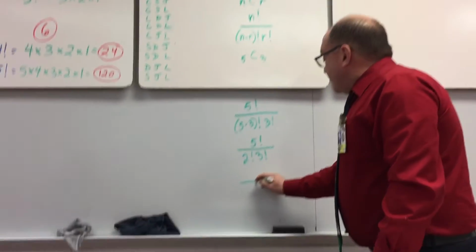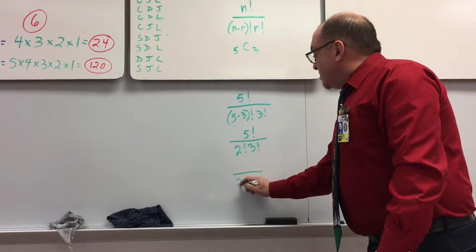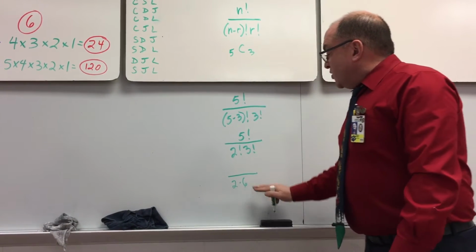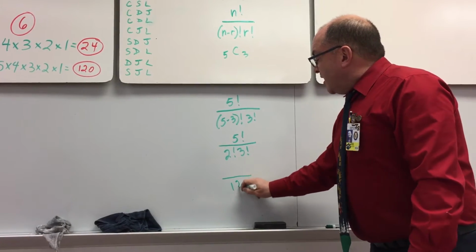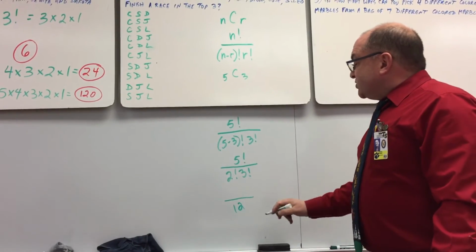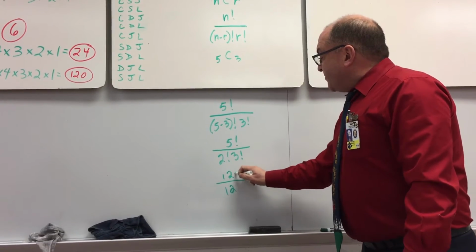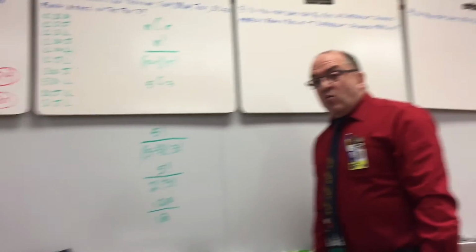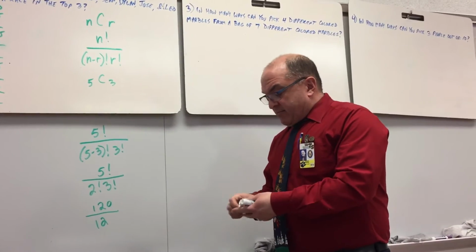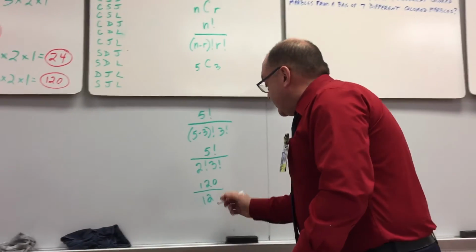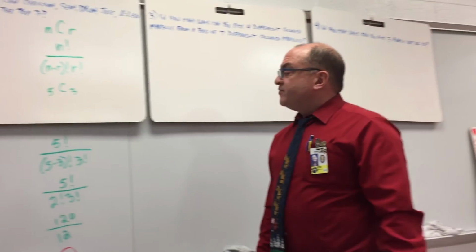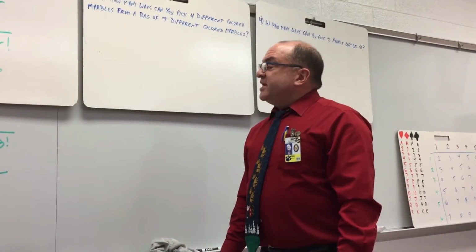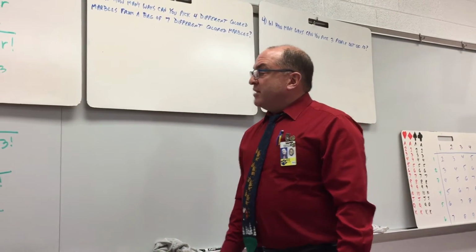So you're going to have 2 times 6, which is 12. 5 factorial is 120. And now 120 divided by 12 equals 10. There you go. That's going to be the easiest way to do this problem.